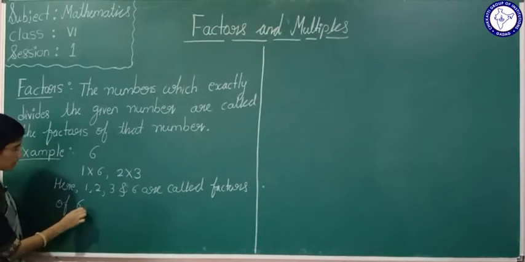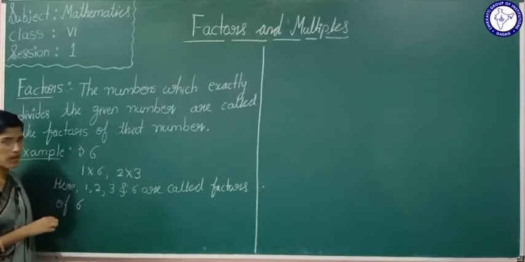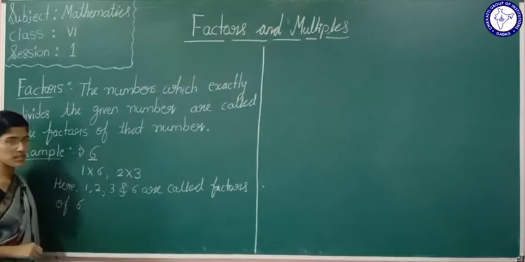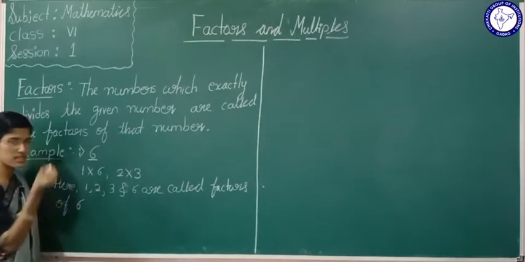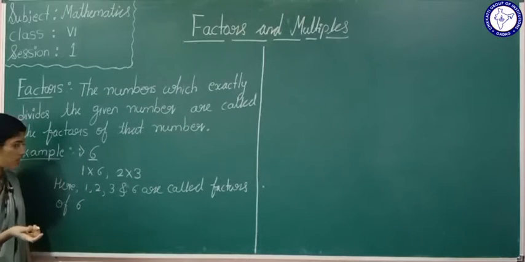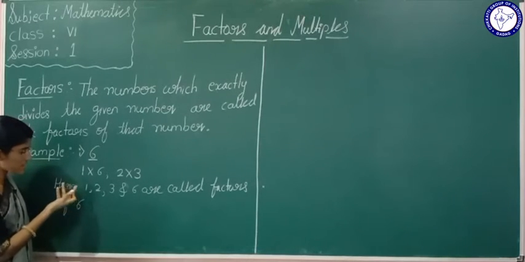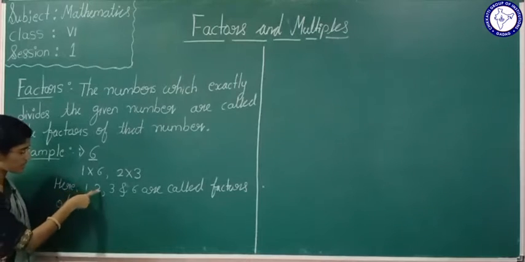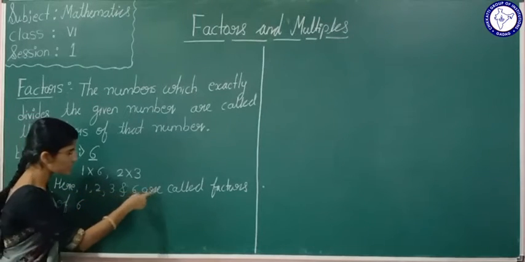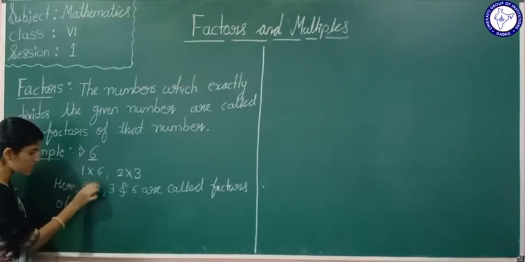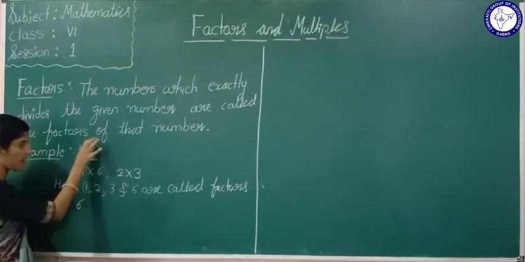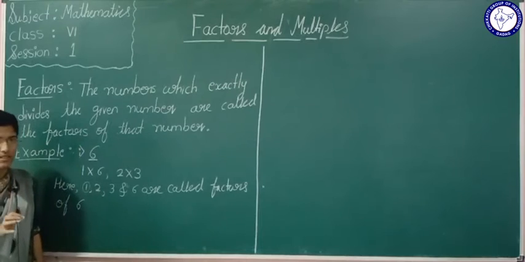Now see here, this is example number 1. This 6 can be written as 1 6s are 6, 2 3s are 6. Now listen here, why have I written like this? Here 1, 2, 3 and 6 are called factors of 6 because these numbers divide this number exactly.